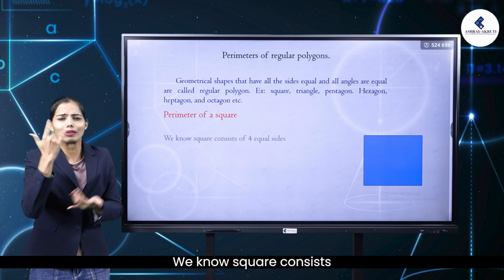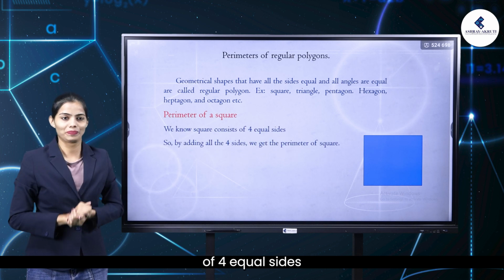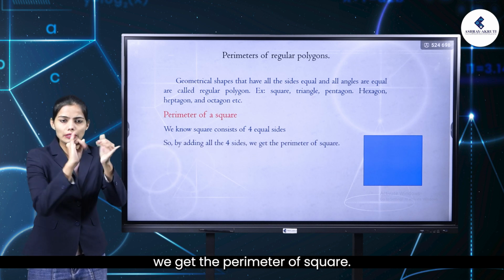Perimeter of a square. We know a square consists of 4 equal sides. So, by adding all the 4 sides, we get the perimeter of the square.